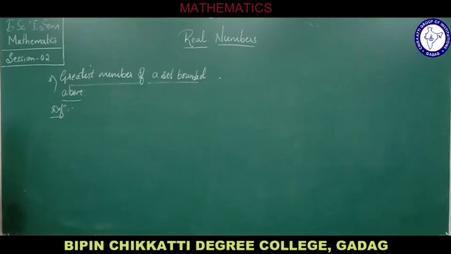Definition: we are going to consider a number epsilon.